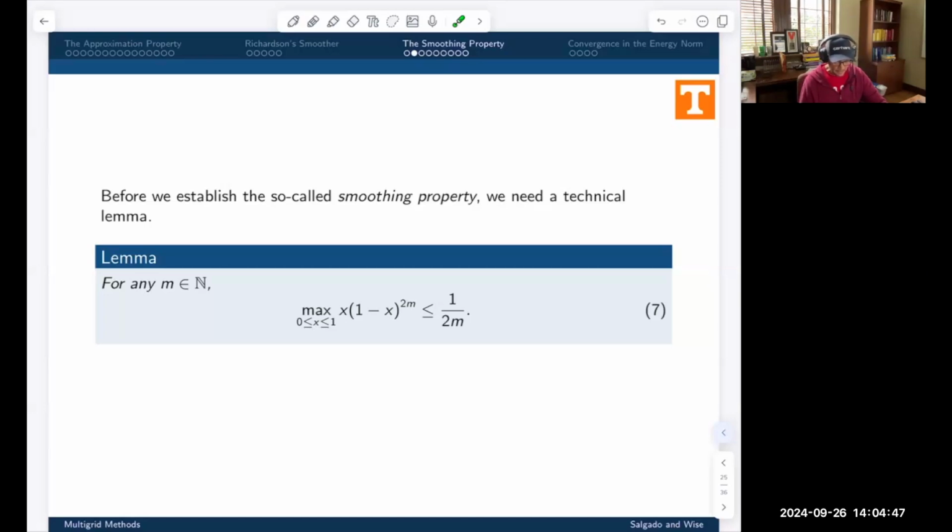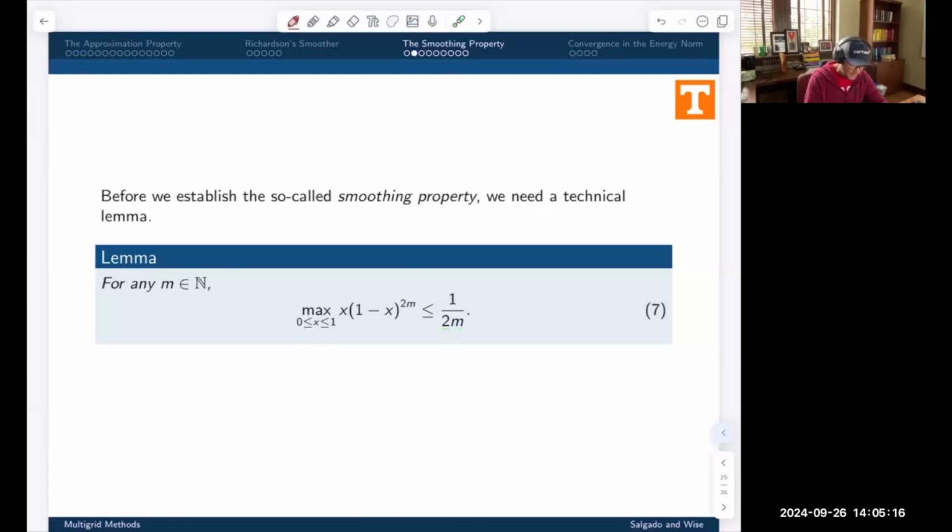So this technical lemma says something about a function. Suppose that m is any natural number. Then for this function, x times the quantity 1 minus x to the 2m power, if I take the maximum of that over the domain x between 0 and 1, then this is less than 1 over 2m.